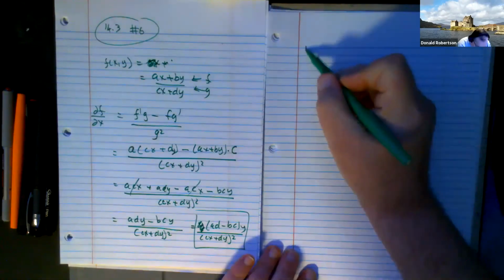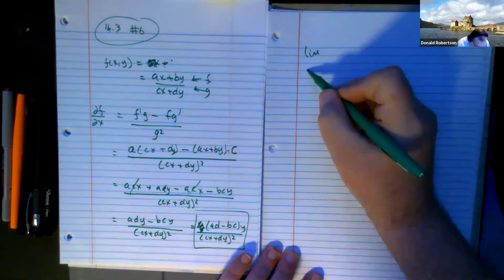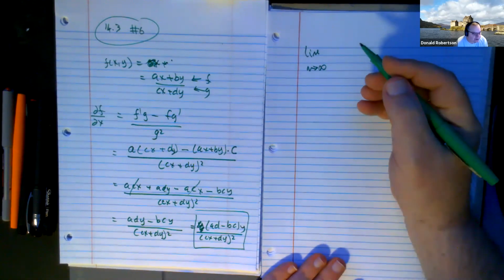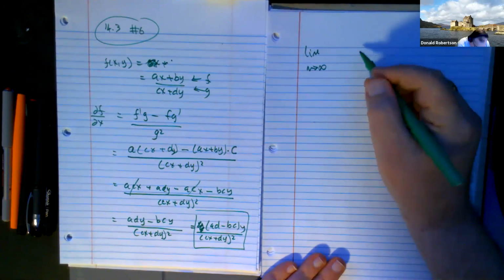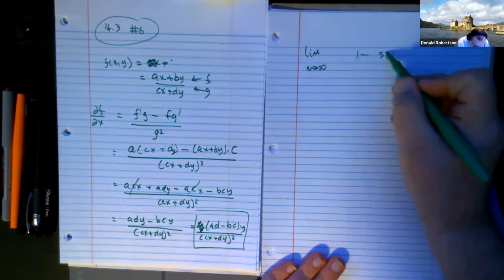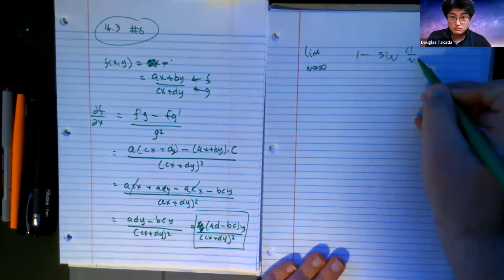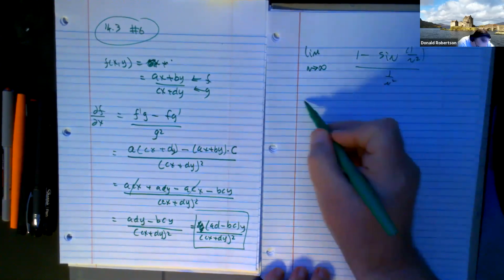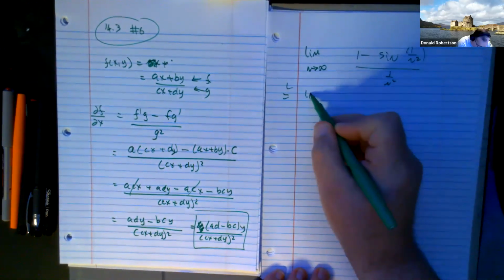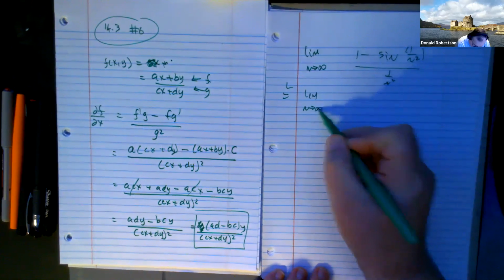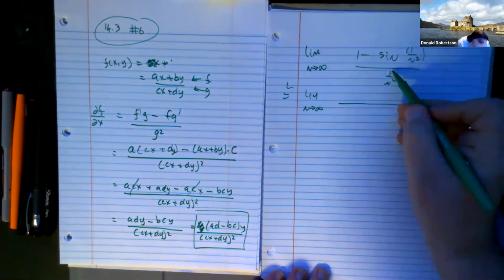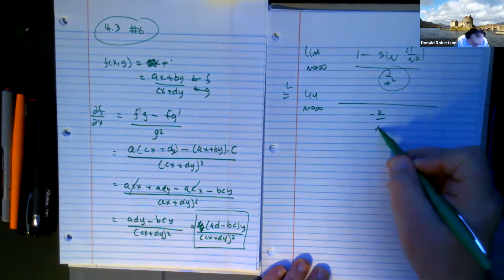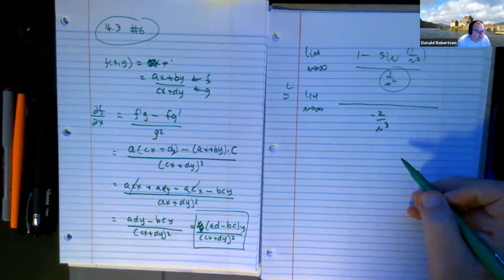So I'm going to find the limit as n tends to infinity, because that's what you do when you want to find out if a sequence converges. And the sequence happens to be 1 minus the sine of 1 over n squared all over 1 over n squared. Now, according to L'Hopital, what do I get? Well, if you differentiate 1 over n squared, can you trust me you get -2 over n cubed? But you can check it out.